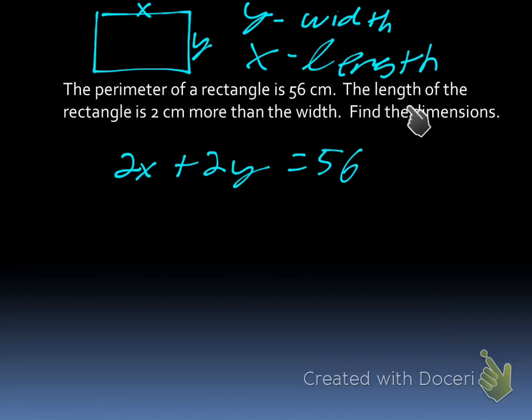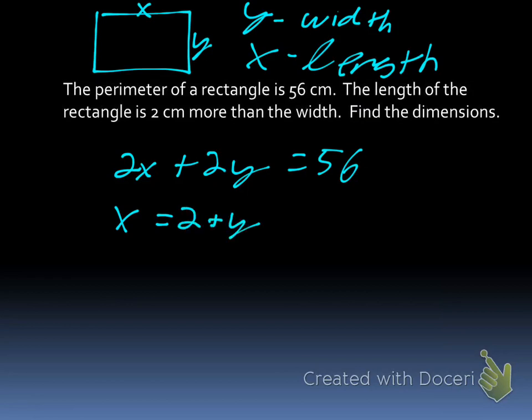Second sentence, the length of the rectangle is 2 centimeters more than the width. So which side is longer, the length or the width? The length is typically the one that's longer. By how much? 2. So we take 2 and add it onto our width to make it equal our length.